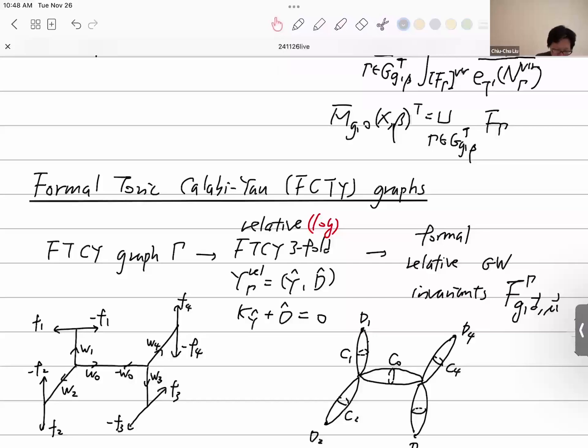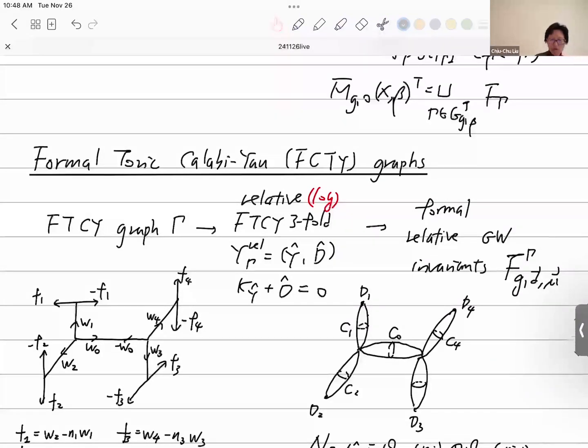In the picture, before compactification we have a C corresponding to this non-compact edge, and adding a univalent vertex corresponds to compactifying the C by adding a point at infinity, which we call D1.